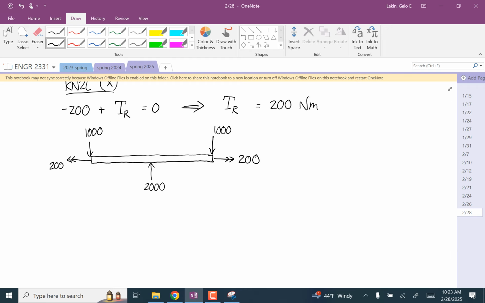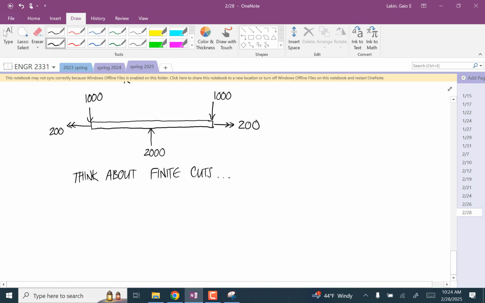Okay, so let's think about some finite cuts. The first one is one where this distance is, let's just call it 1 centimeter.